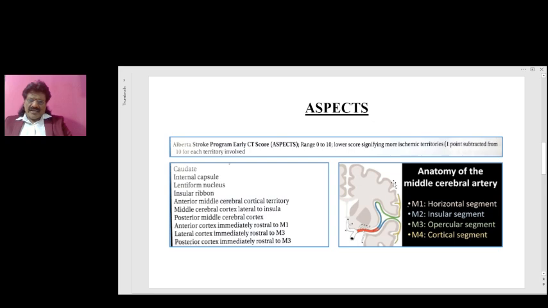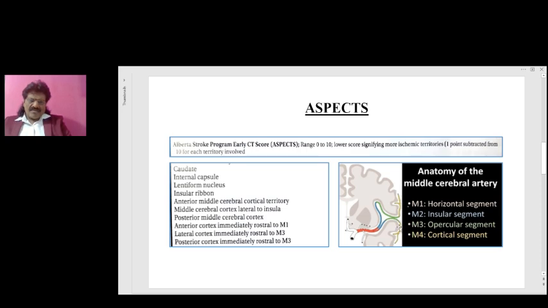This is basically about the MCA territory, so we have to know the different parts of the MCA. You have the different coloring. We have the anatomy of the middle cerebral artery, basically 4 segments. M1 is the horizontal segment, M2 is the insular segment, M3 is the opercular segment, and finally we have M4, the cortical segment.